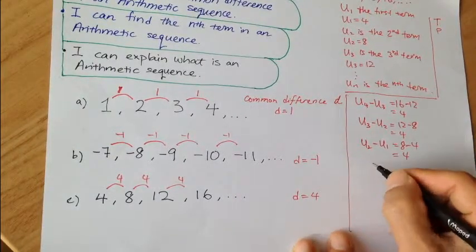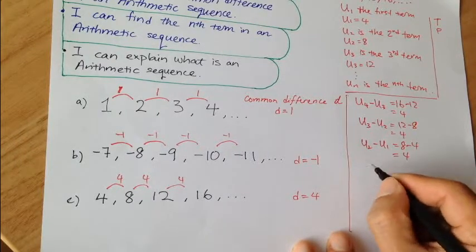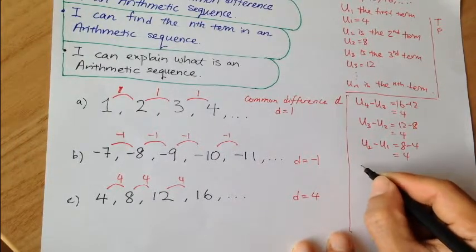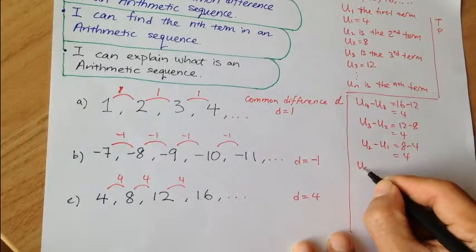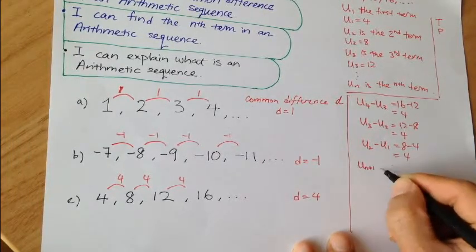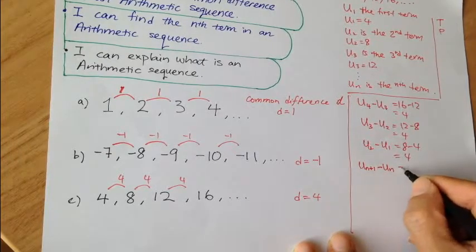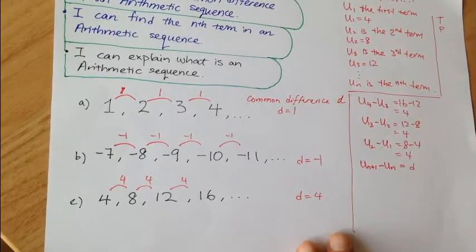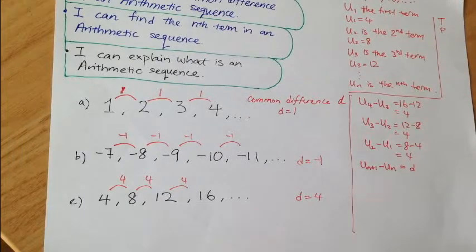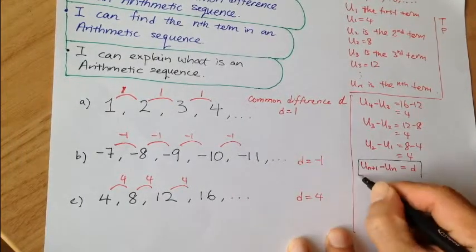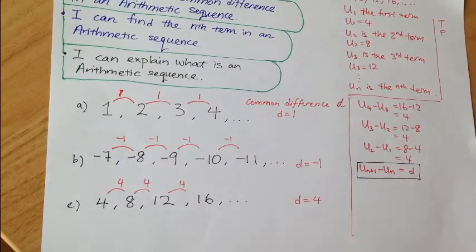In fact, because this is an arithmetic sequence, by definition, the difference between any two subsequent terms, un plus 1 minus un, is always going to be equal to D. So here is an important formula that you should remember.